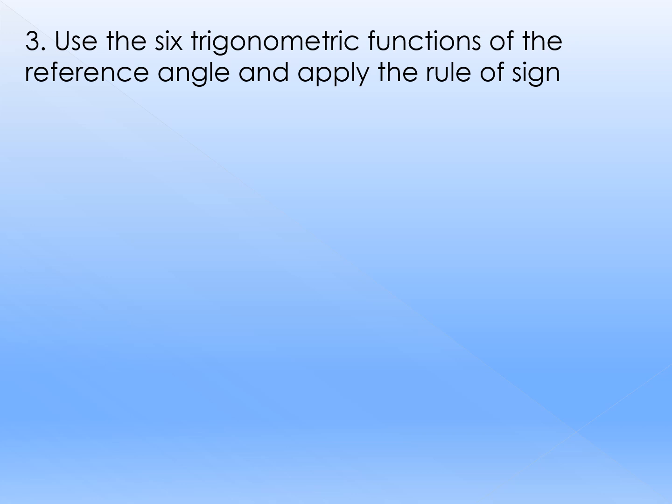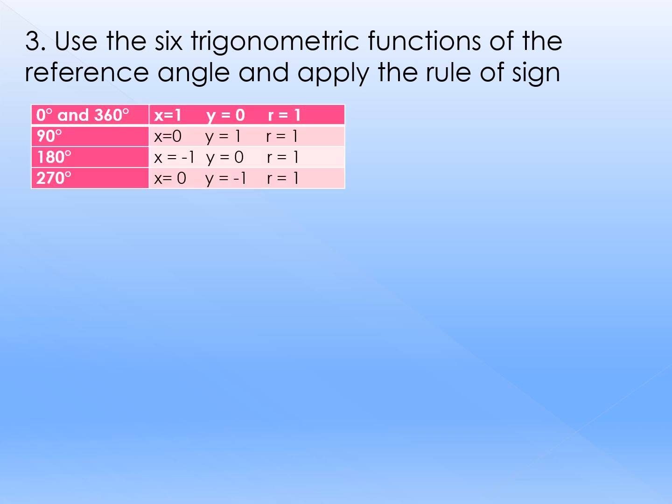The next step is to use the 6 trigonometric functions of the reference angle and apply the rule of sign. Therefore, we're going to use this table because we have a quadrantal angle. So we're dealing with 270 degrees, and we're going to substitute this data. So let's now have the 6 trigonometric functions.